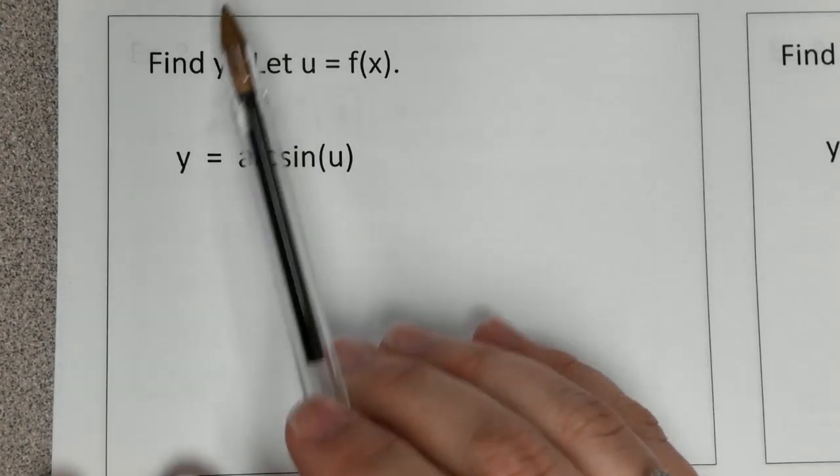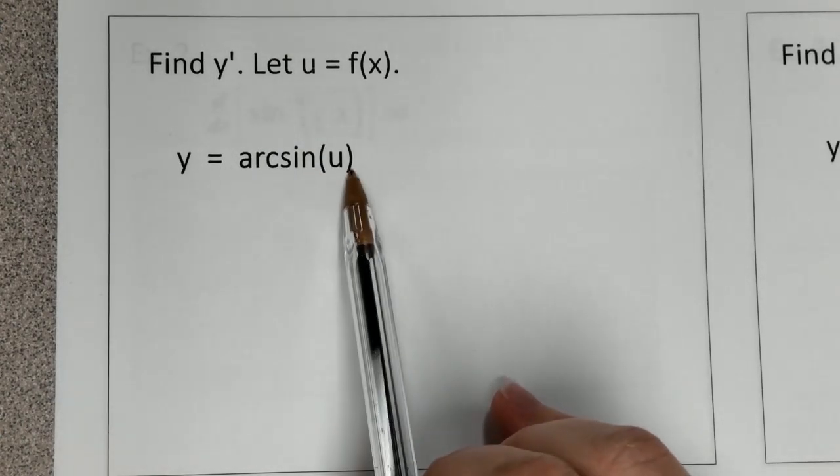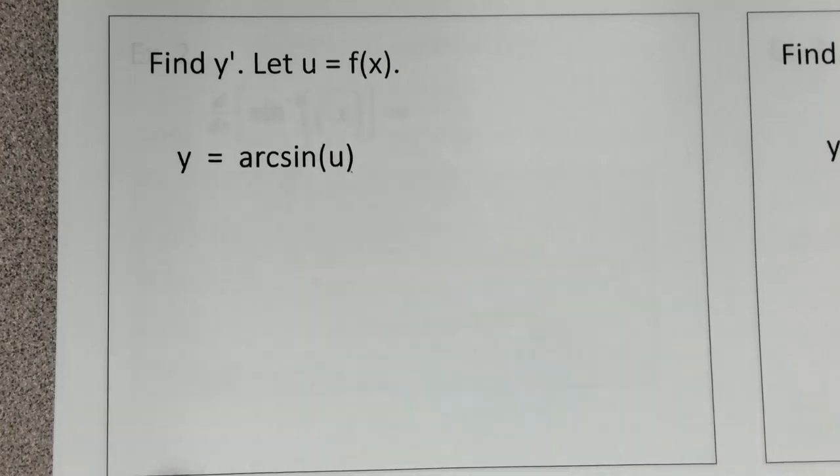Okay, so let's let y equal the arc sine of u. U is going to equal some function of x, so please write that down. Our goal here is to find y prime.